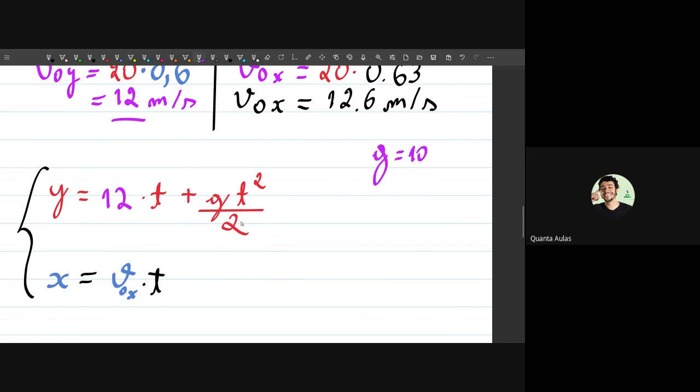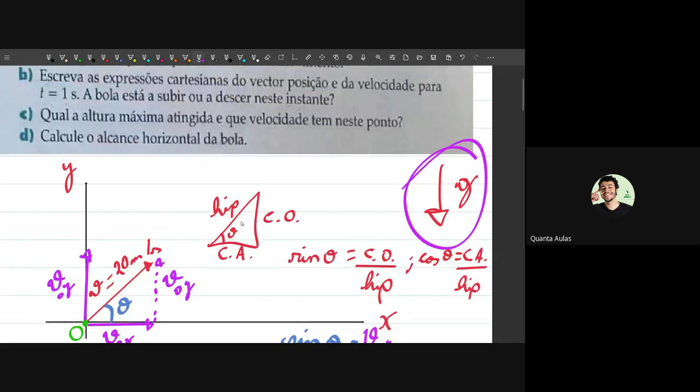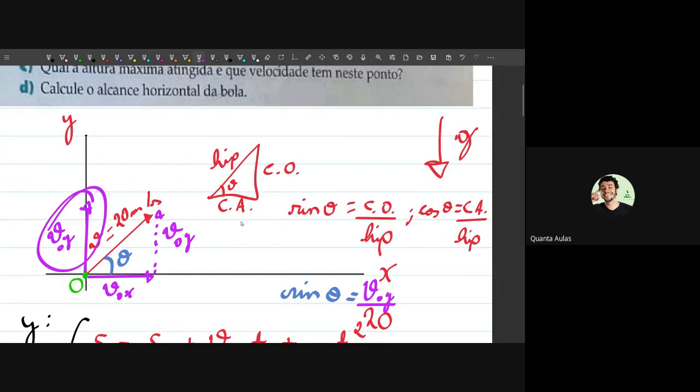But you need to pay attention here. Why? Because gravity is an acceleration downward, okay? Down in our analysis is a negative situation because this velocity is positive. If my mass goes up, this is positive too, but the gravity is down. So in this situation, the gravity is negative, but we have situations where the gravity is not negative.